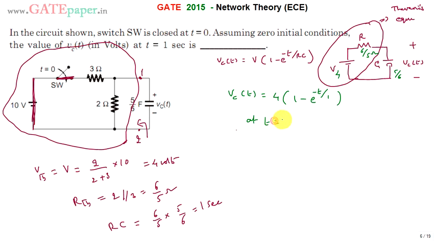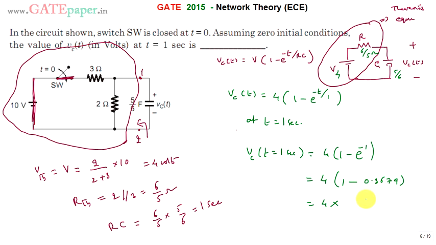So at t equal to 1 second, Vc(t) at 1 second is equal to 4 into (1 minus e power minus 1), since t is substituted with 1, and 1 by 1 is nothing but 1. So 4 times (1 minus e power minus 1), where e power minus 1 is 0.3679, gives 4 into 0.6321.